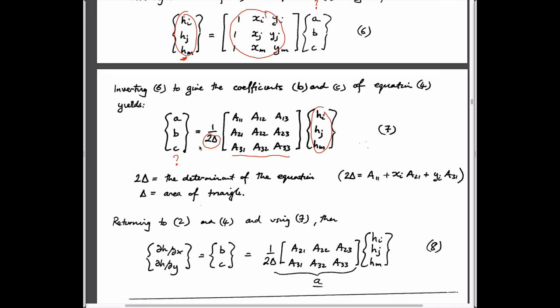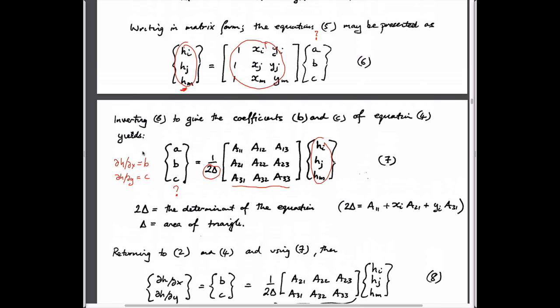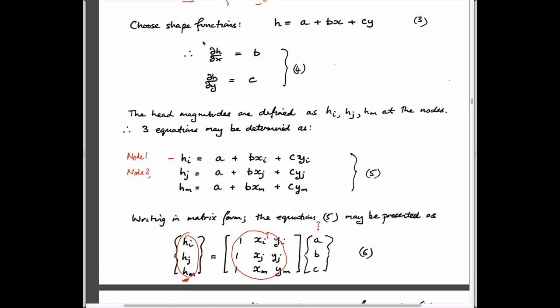And then what we can do is, if you recall, we want to know what B is, because the change in head with X is the equivalent of B, and the change in head with Y is the equivalent of C. Remember that from a bit earlier, right? These components here. That was our standard result just by differentiating this.